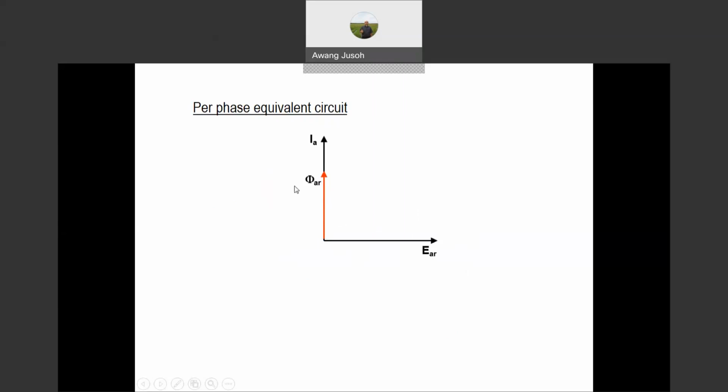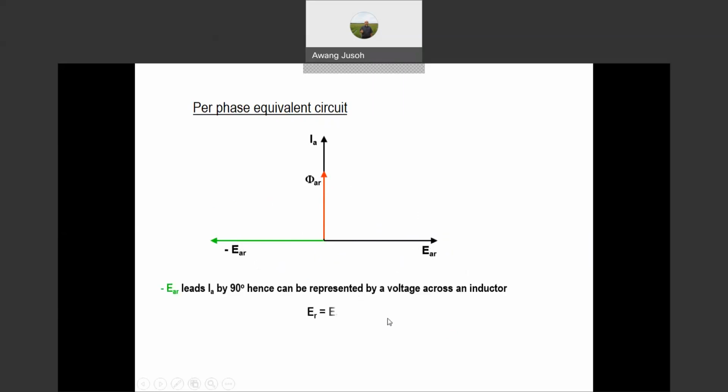So we just redraw the phasor diagram based on the previous phasor diagram. This vector EAR here, this is the left side vector. If you draw the other way around, it becomes negative EAR. This is the vector concept, I hope you can appreciate this. So negative EAR here. What do you see from here?